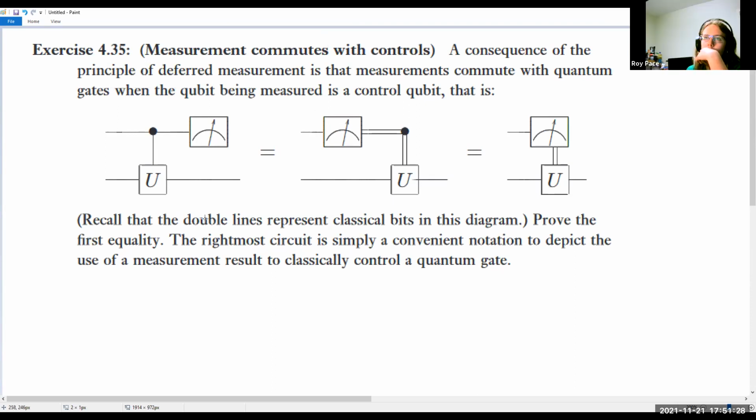So what they're saying is we want to write out the matrix of this and then apply a projective operator, or we could apply an operator and then apply the controlled unitary, right?